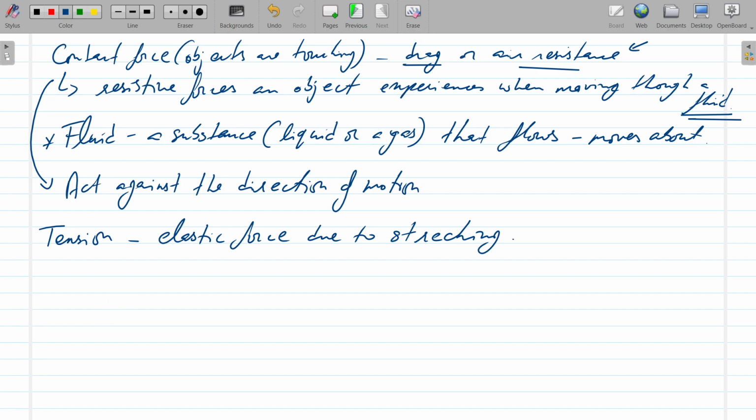Then you've got thrust, which is a driving force. And that is a sudden force in a particular direction.